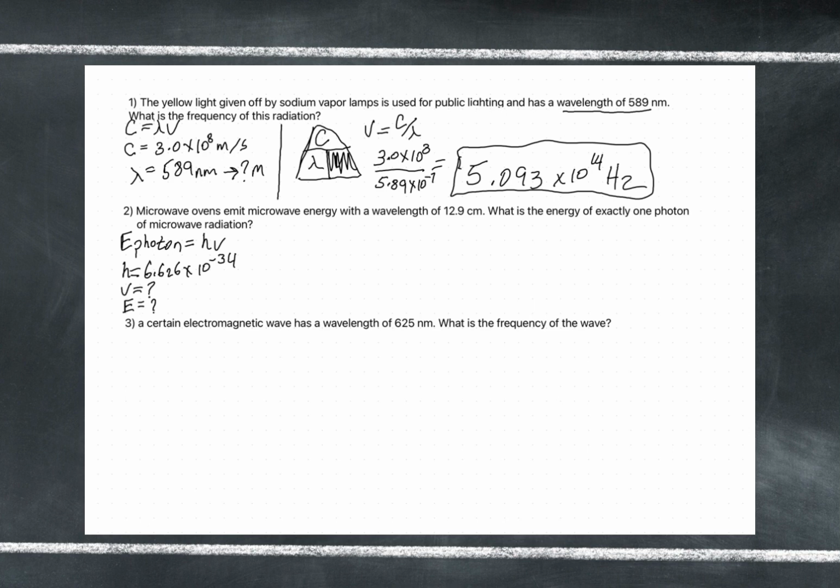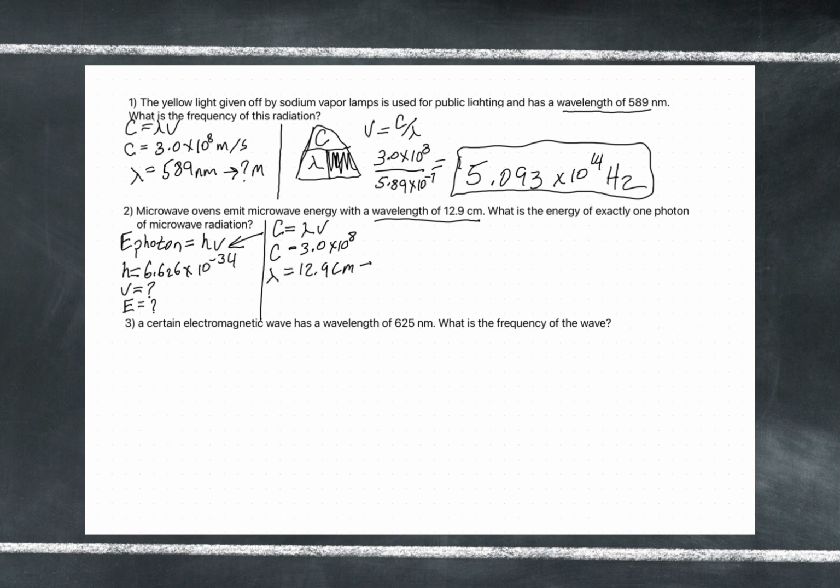So how are we going to solve this? Well, we're going to have to solve for v before we could solve for E. So we're going to have to do a separate equation here in which we know how to solve for v. Well, in our visible light equation, we have c equals lambda v, where c is speed of light, 3.0 times 10 to the 8th. And we know lambda is wavelength, which we have here, 12.9 centimeters.